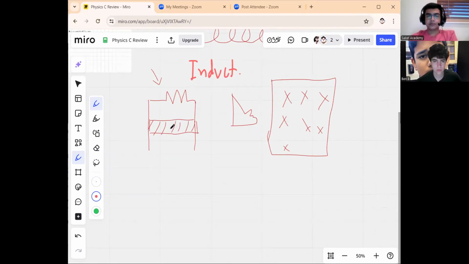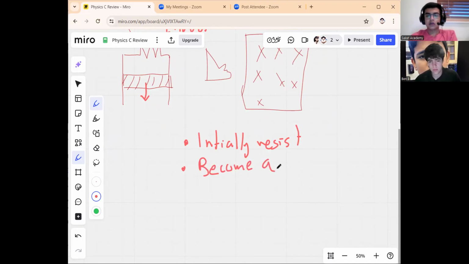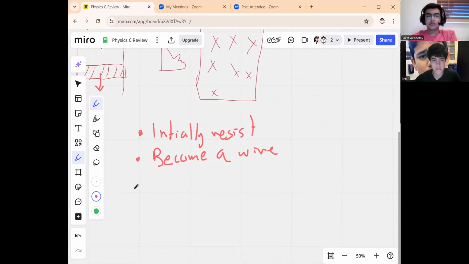But neither of those would involve inductors, right? Neither of these involve inductors, no. There are two main things you need to know about inductors.